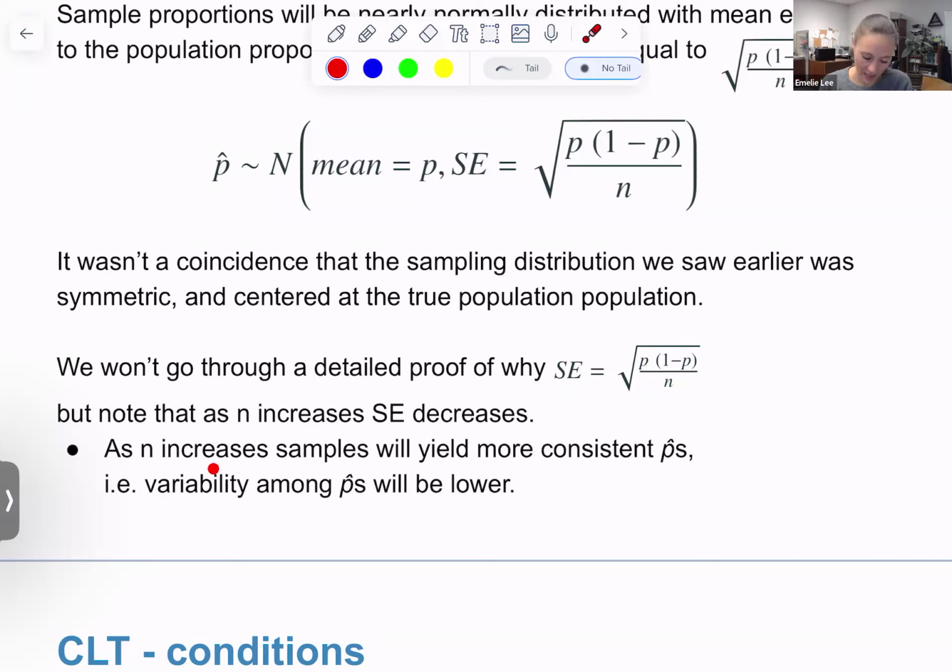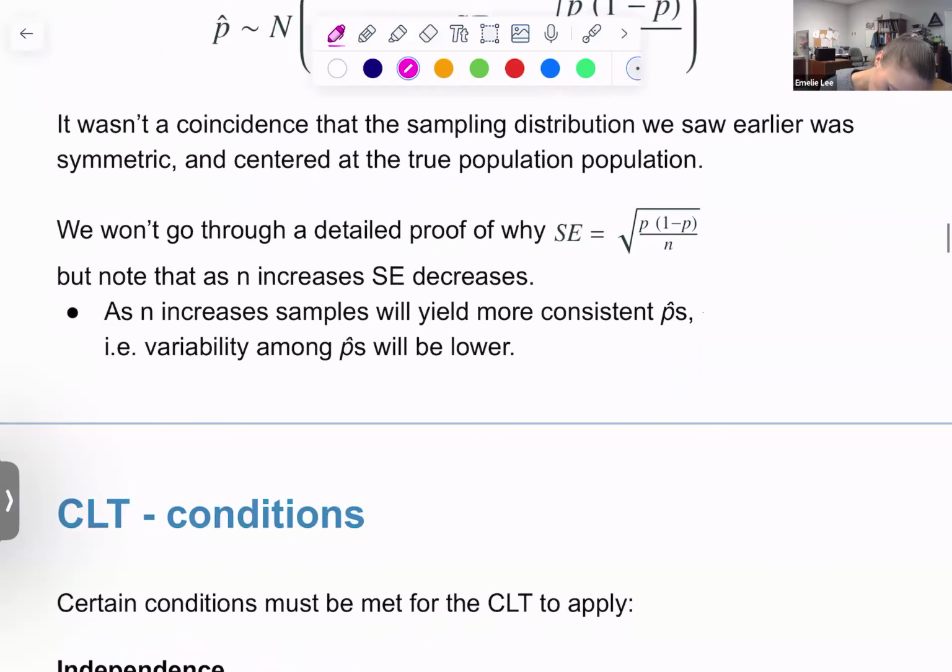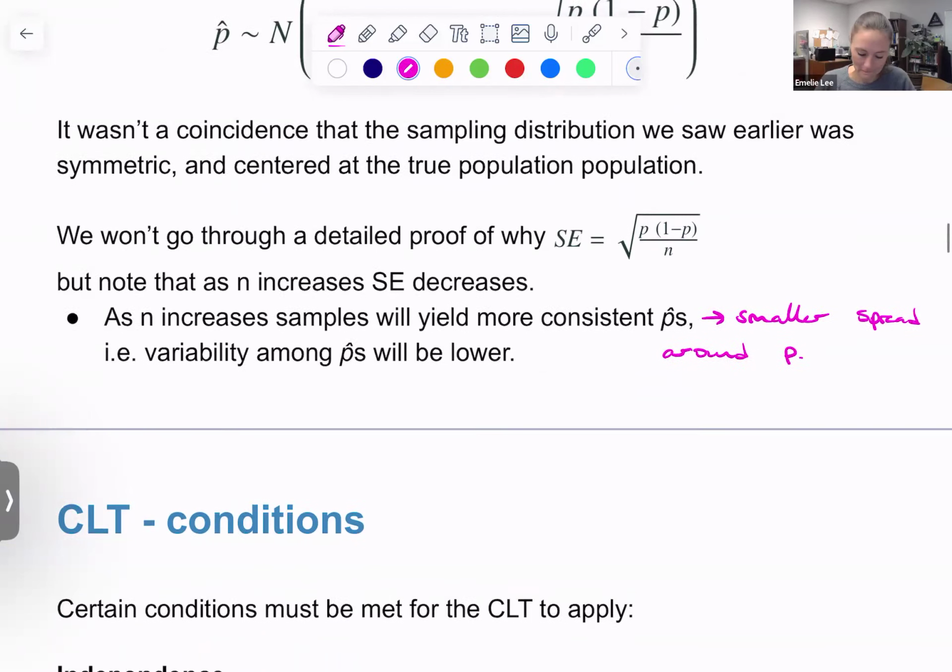And so as n increases, samples are going to yield more consistent p hats, okay? Because the spread will be smaller. Smaller spread around p.